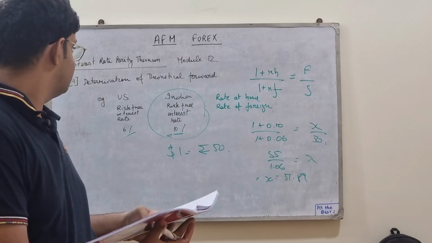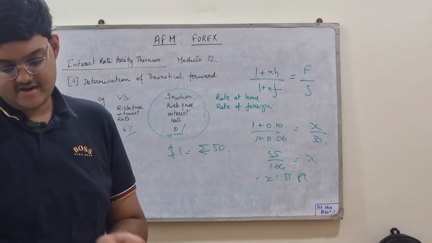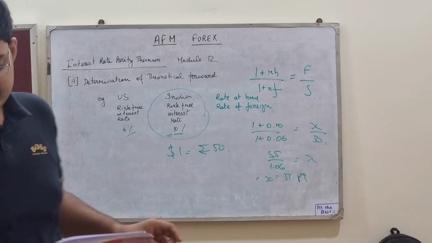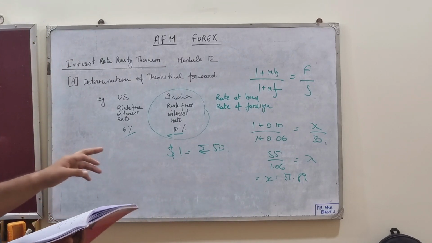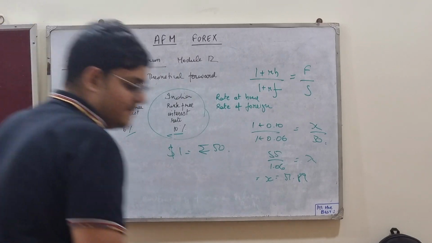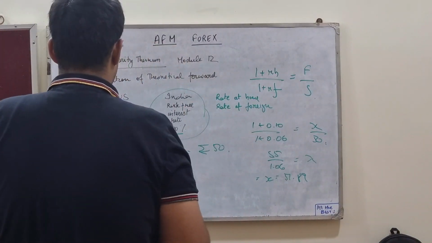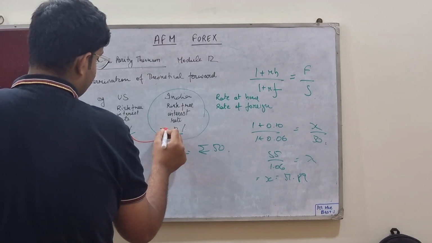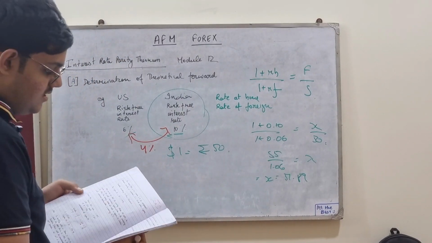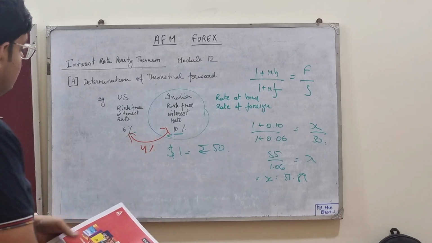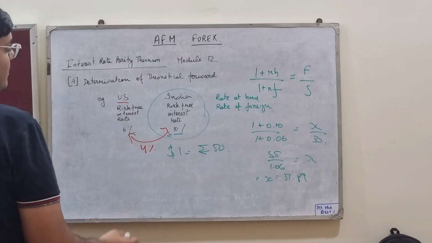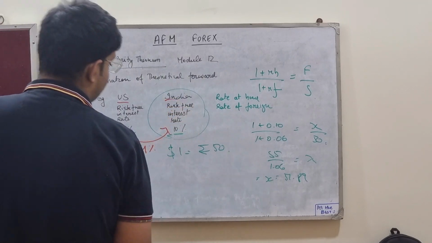Even though this is just theory, it has practical applications. And one more thing, the difference between these two rates, that's 4%, would be the theoretical rate of appreciation of the US currency and the theoretical depreciation of the Indian currency.